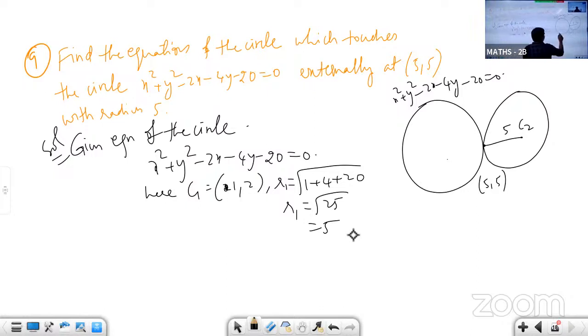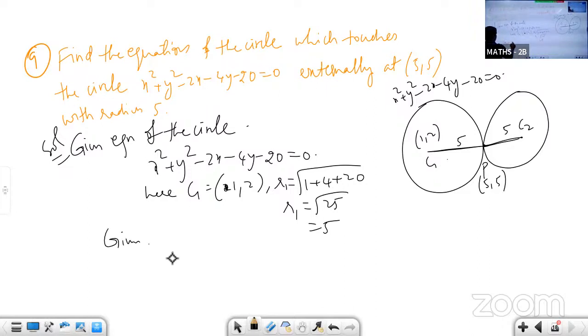Means the center C1 is 1, 2, with the same radius. Since it is the same distance between C1 and C2, the point P is the midpoint of C1, C2, since I got the ratio 5:5, that is 1:1. So point P is the midpoint.